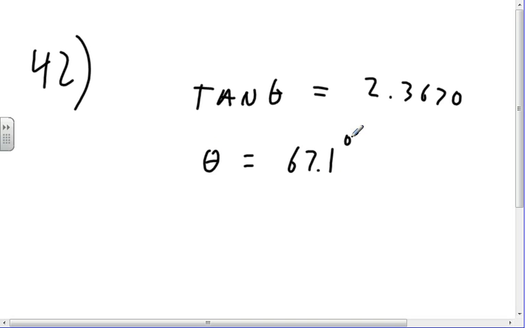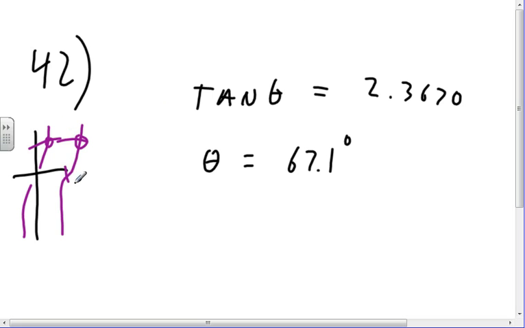I have a second answer. Where is it? Okay, so this guy looks like that. I already have that answer. And it looks like this. I got another answer over there. That's 180 degrees. So this is a third quadrant answer I'm looking for.